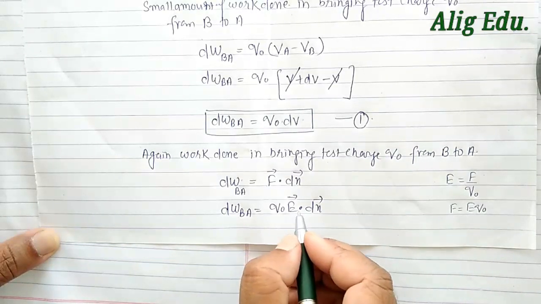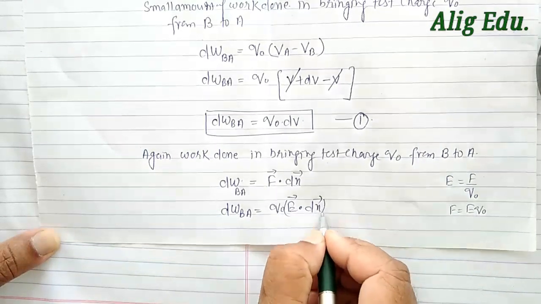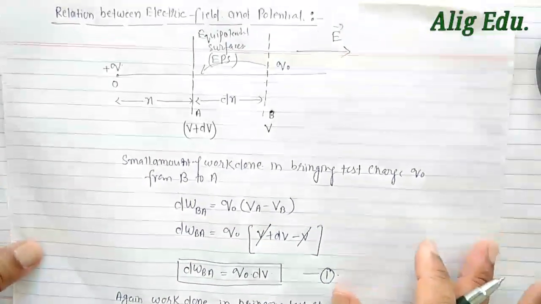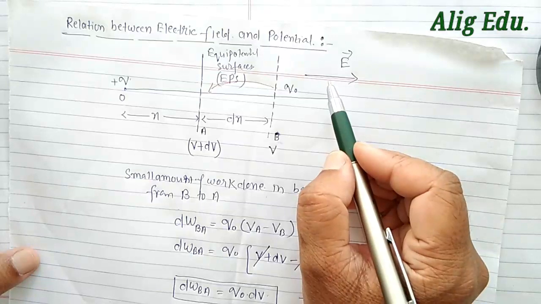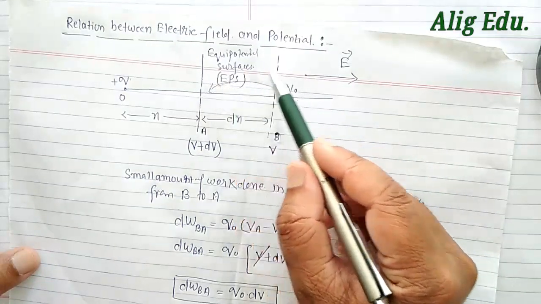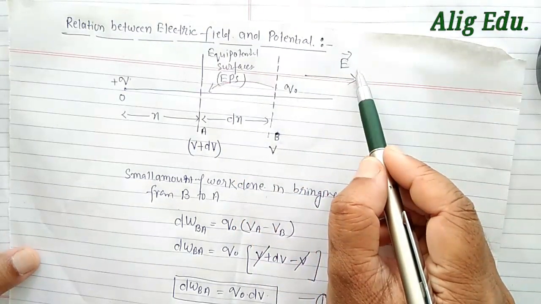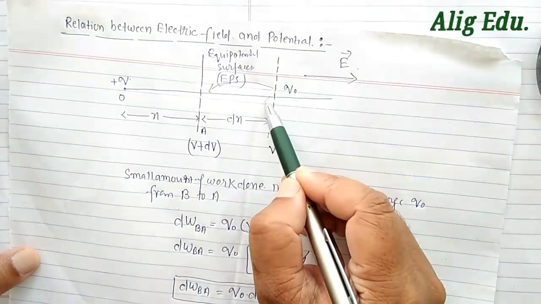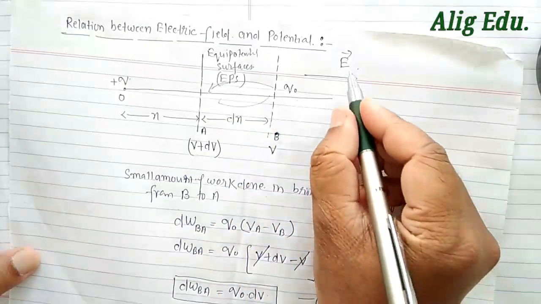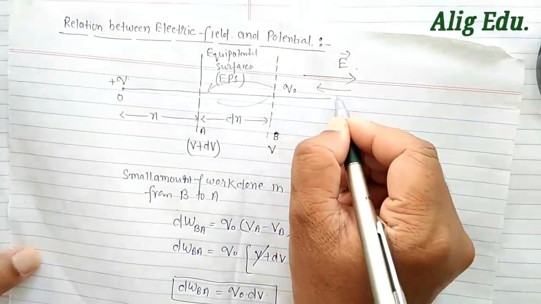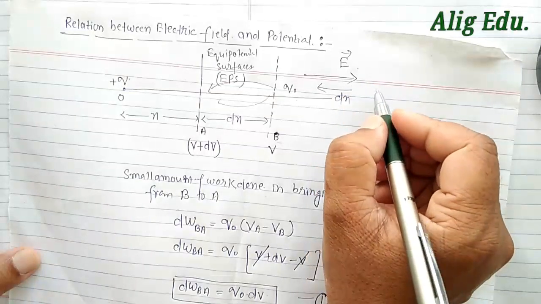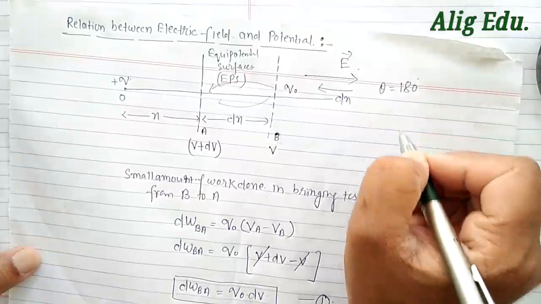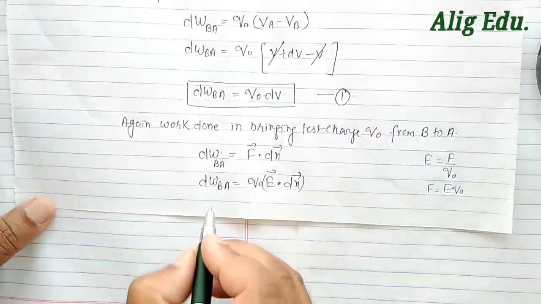Q naught is a constant, and here we have a dot product of two vectors. Just look at this diagram. The direction of the electric field is from A to B and we are trying to move this charge from B to A, so the displacement and electric field are opposite to each other. If these two vectors are opposite, then theta will be equal to 180 degrees in this case.